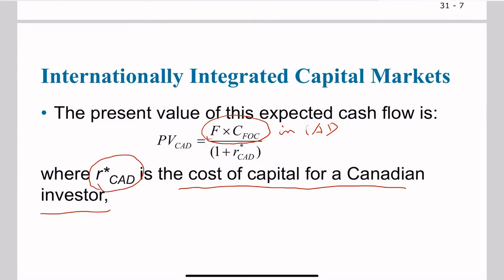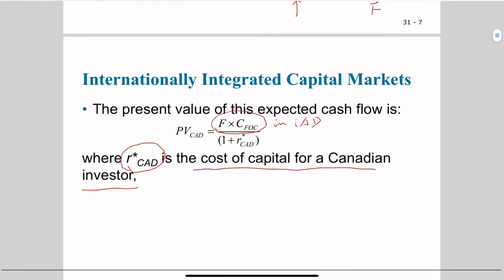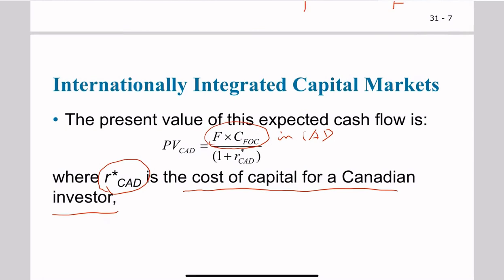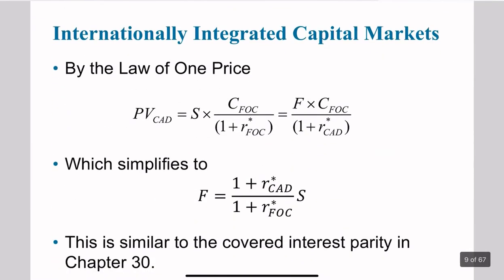As I said, if this is a world without arbitrage, where the law of one price holds, then the value we get from the first method should be the same as the value we get from the second method, right? Two methods should give us the same result.